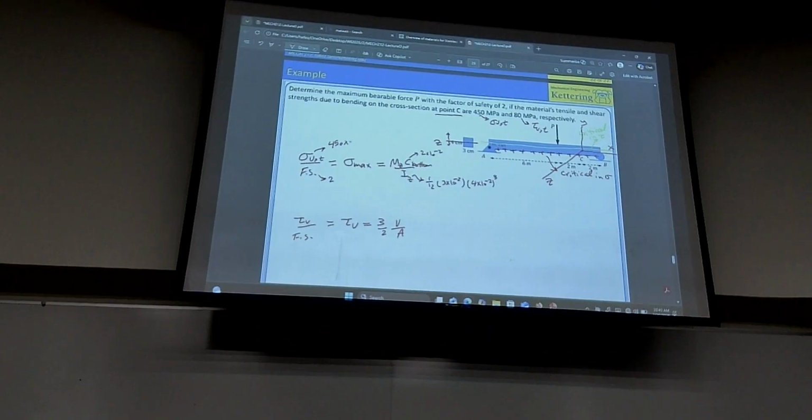Okay, so 450 times 10 to the 6th, very good. And tau U value was 80 times 10 to the 6th. All right, and then area, would that just be 4 times 10 to the negative 2 times 3 times 10 to the negative 2, very basic, these 2 values, right?